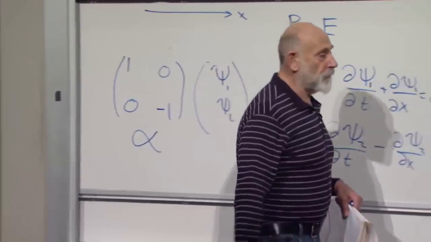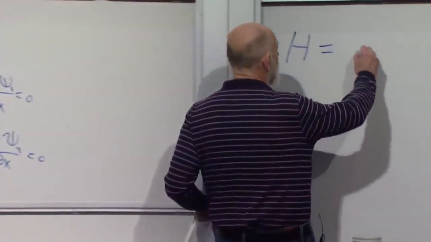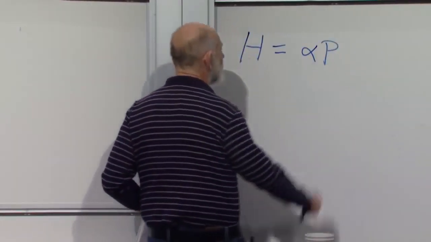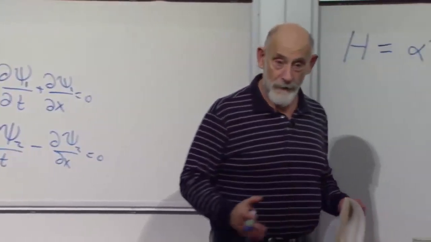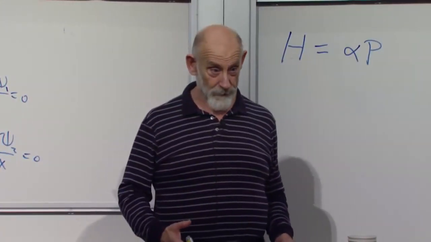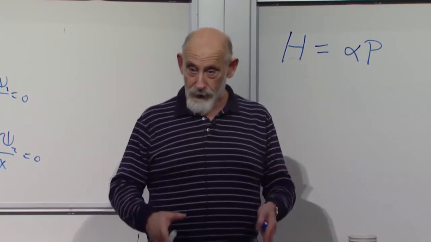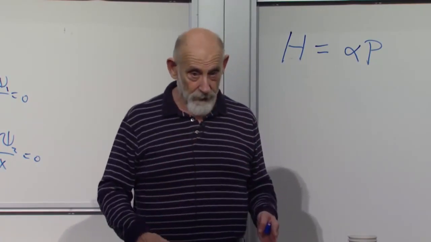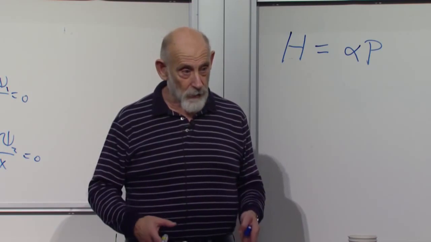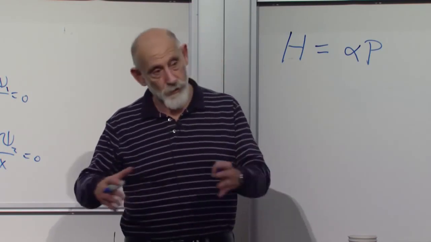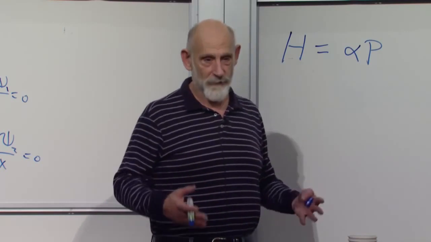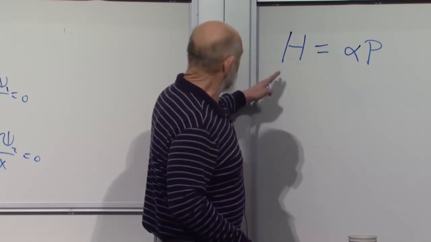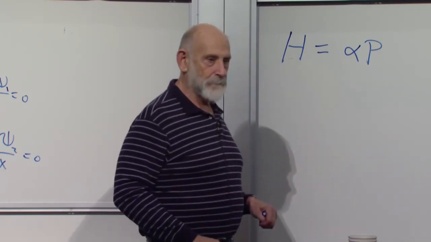So we can summarize it by just writing H equals alpha P. If alpha is +1, it's a right mover. If alpha is -1, it's a left mover. So it puts together into a single structure a particle with a degree of freedom, which is its position, and another degree of freedom which is its alpha. It puts it together, and says H is equal to alpha P.